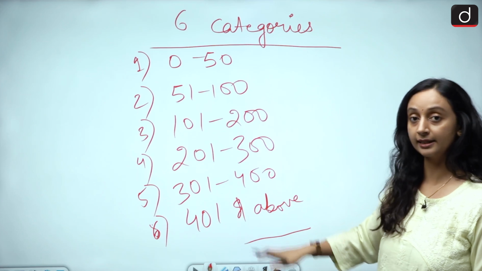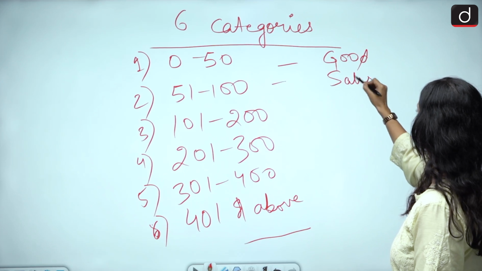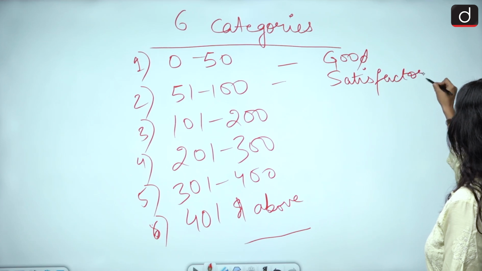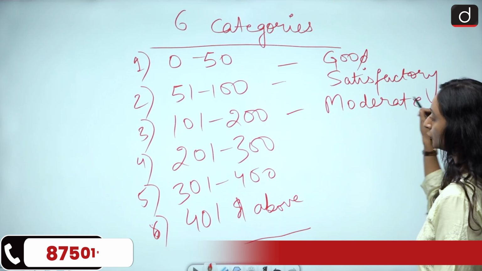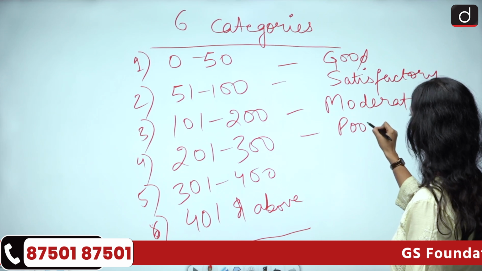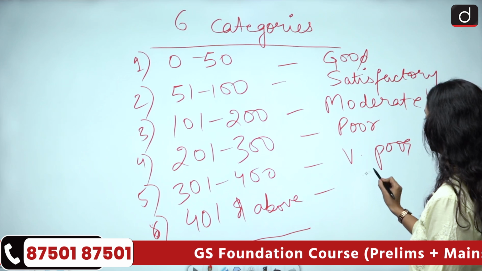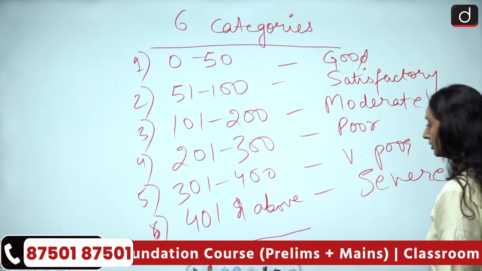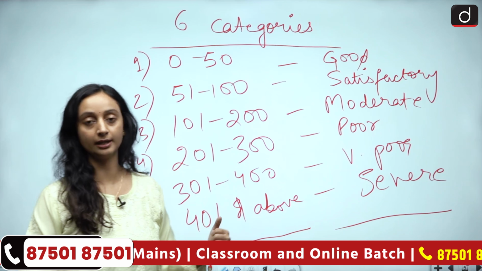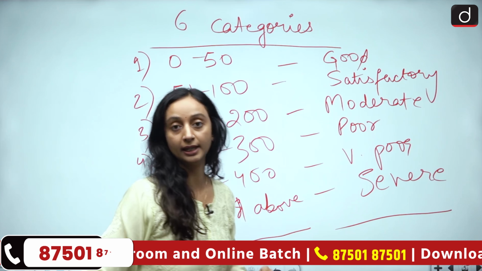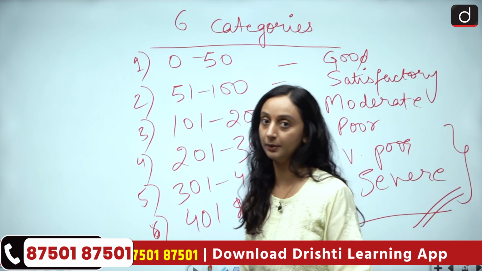So these are the 6 categories. 0 to 50 is good, 51 to 100 is satisfactory, 101 to 200 is moderate, 201 to 300 is poor, 301 to 400 very poor, and 401 and above is severe. So AQI tells us how polluted our air is by categorizing it into these 6 different categories, and right now the AQI of Delhi is in the very poor and severe category. This is an alarming situation.